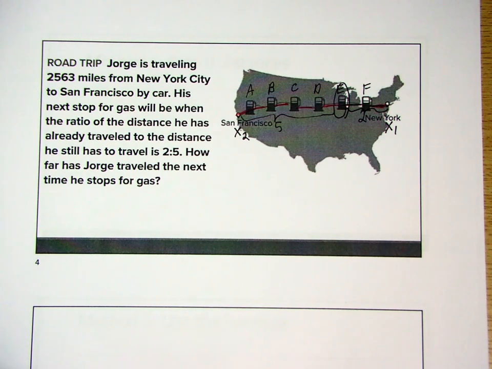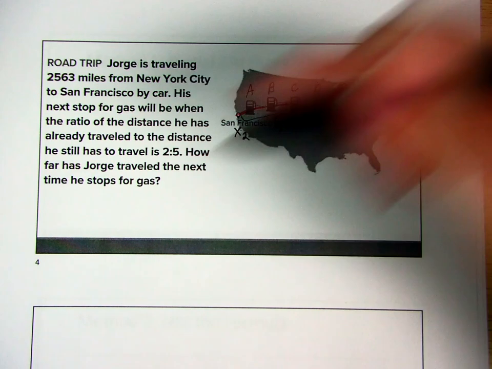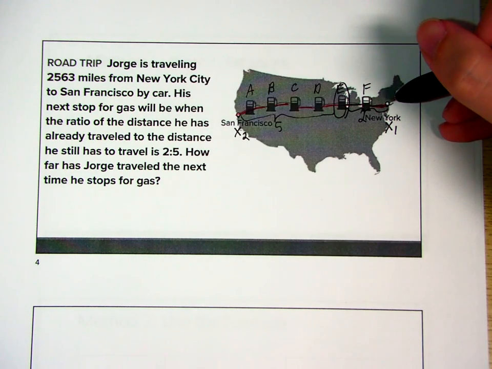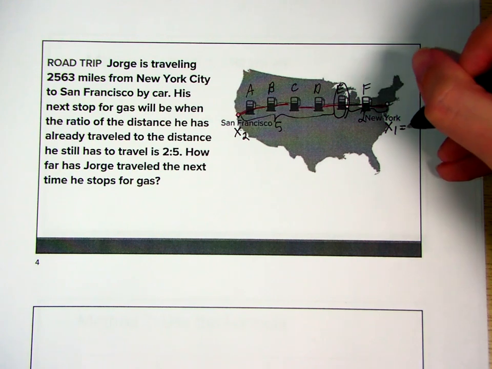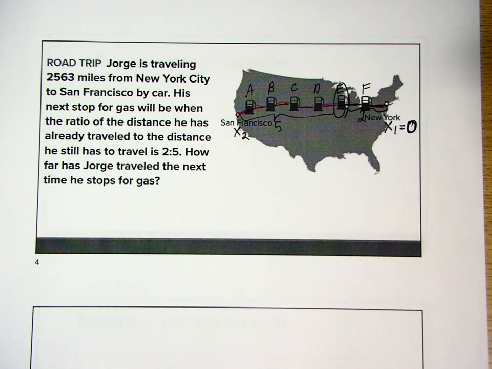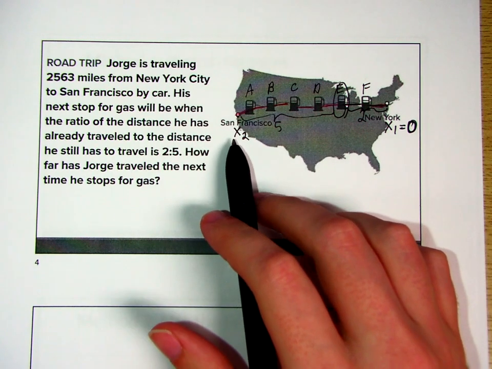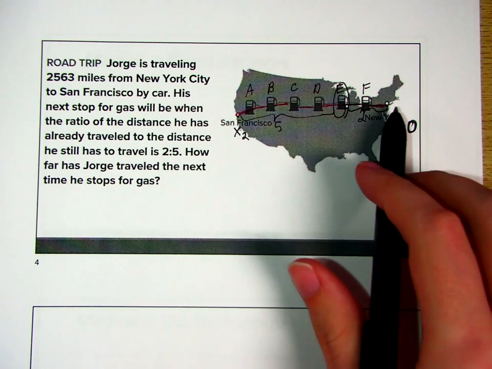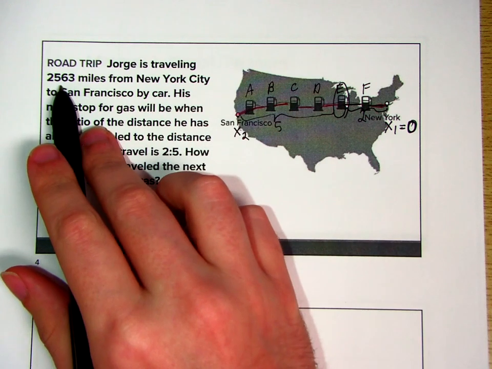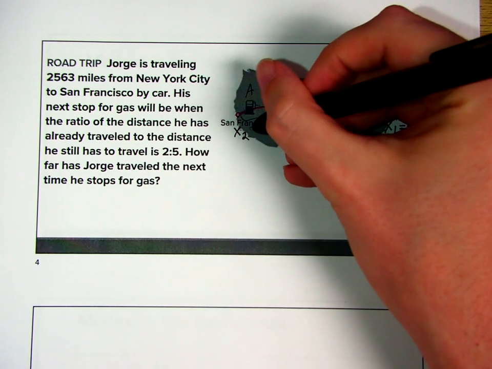But say you're going on a long trip like this, you're probably going to reset your trip meter in your car. If I'm starting in New York, if I've just started, I've traveled 0 miles. So I would say my x1 is 0. If I've made it to San Francisco by the end of this trip, he will have traveled the entire distance, 2,563 miles.